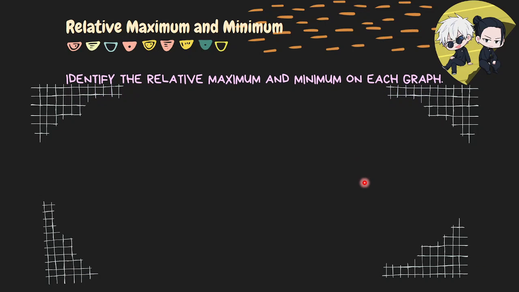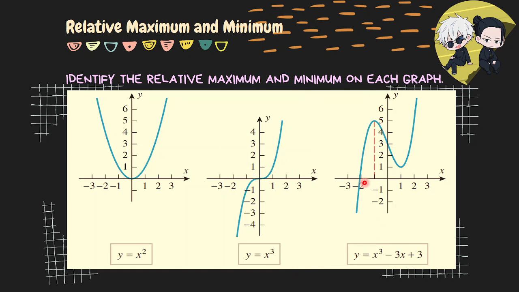Okay? Now, if we need to identify the relative maximum and minimum in each graph, for example, we have the graph of x squared. Do we have a relative maximum in the graph of x squared? Take a look at the function of x squared, or the quadratic function.